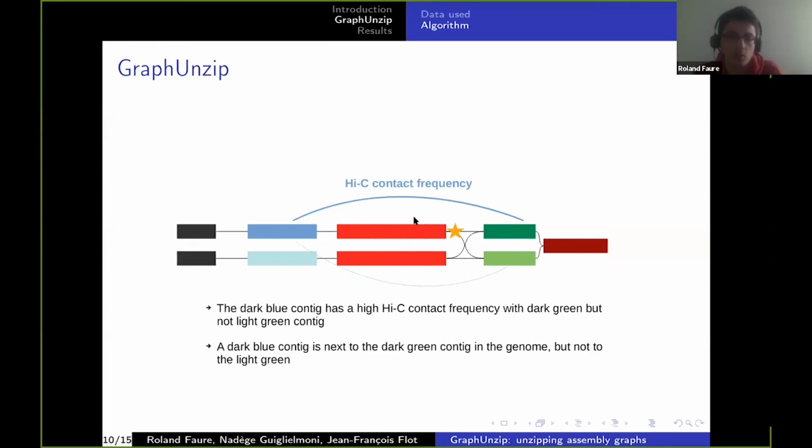So it does not take into account the contigs that have been duplicated. It only uses the contigs that are unique to each long super contig.